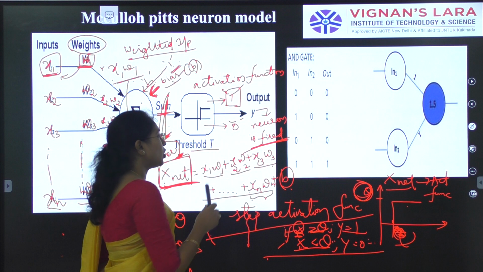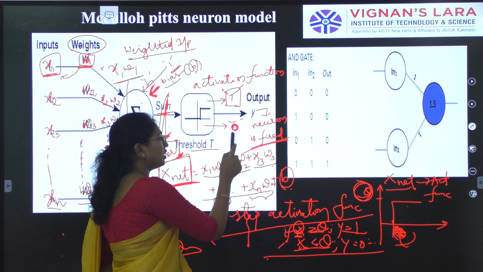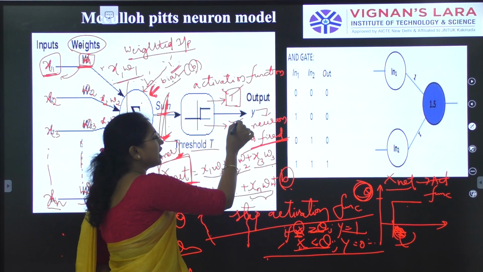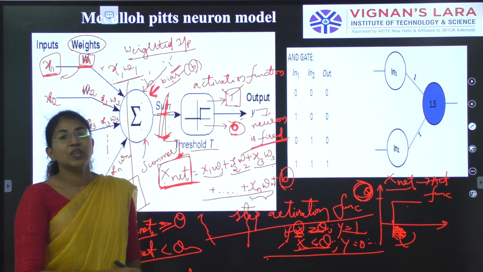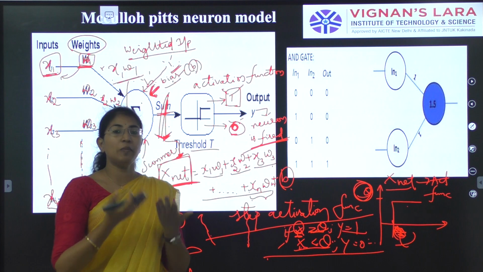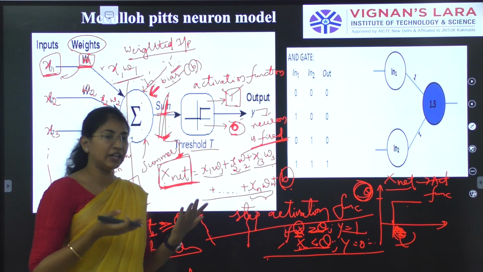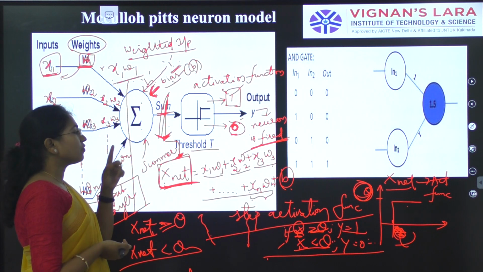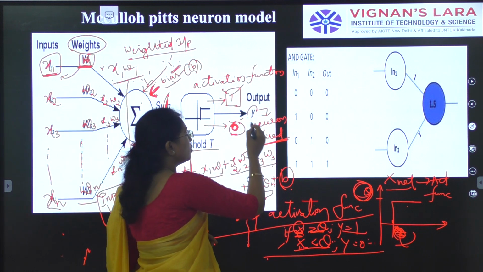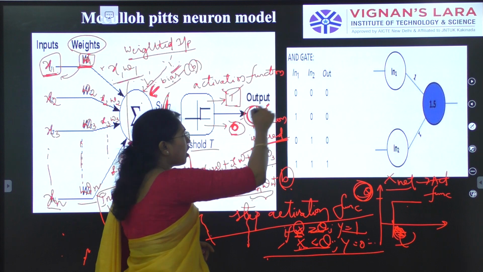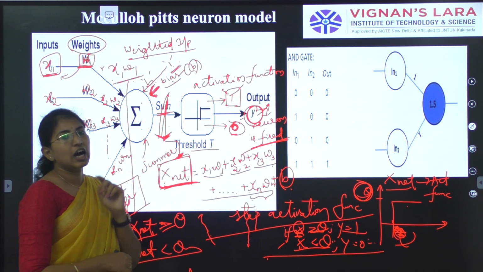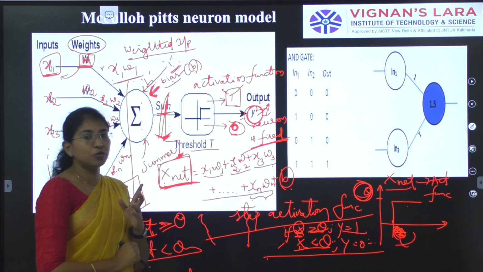And if we are getting the output of this neuron as 0, we can say that the neuron is not fired, and information is not passed through that particular neuron. So once we get the output of this neuron, let it be Y, then this output will be fed to another neuron as an input.